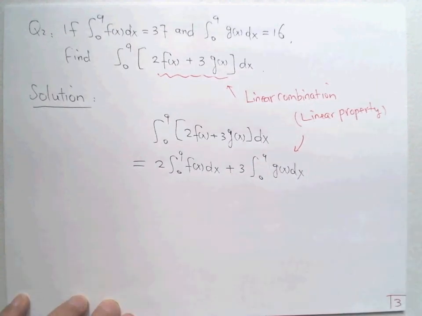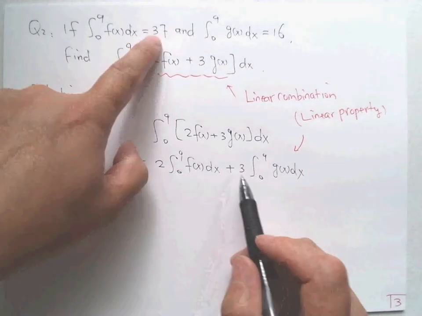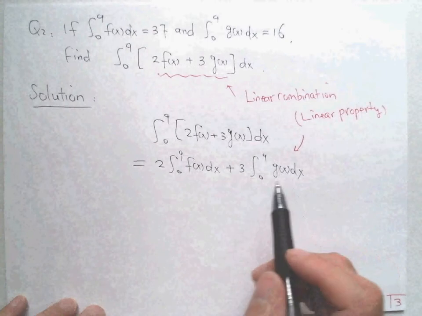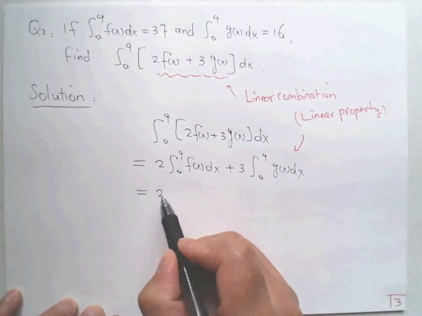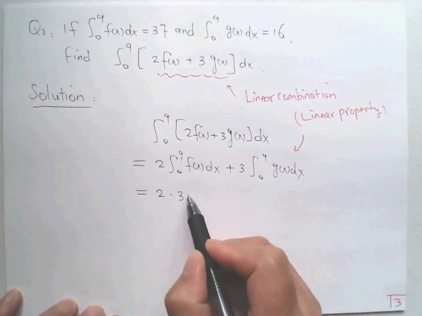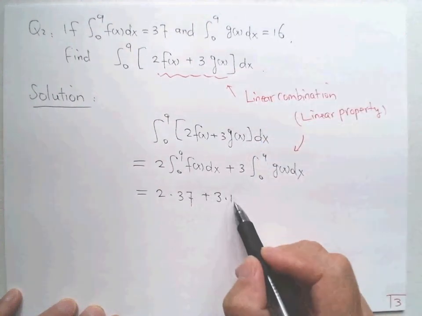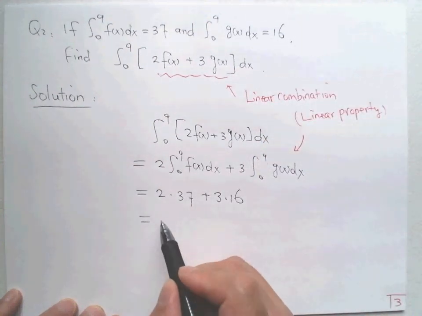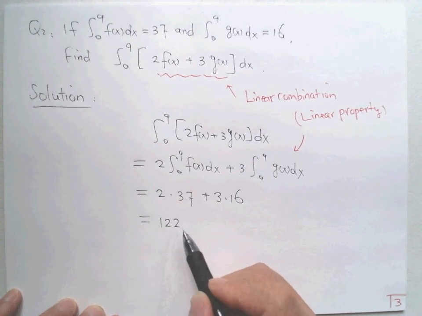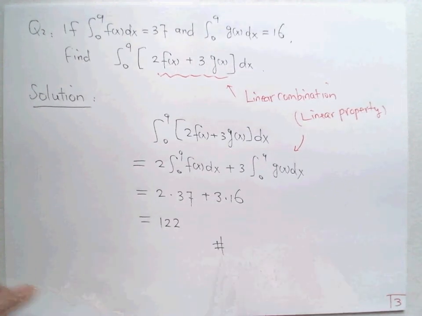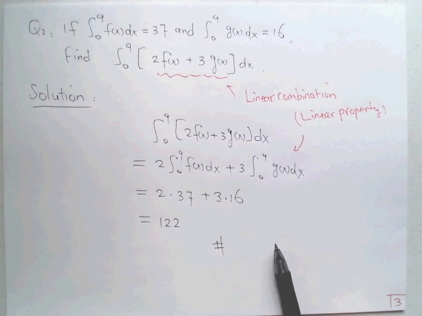The first one is 37, the second one is 16, all known. So plug in: 2 times 37, plus 3 times 16. Do the calculation, and what we get is 122. That's all. Thank you.